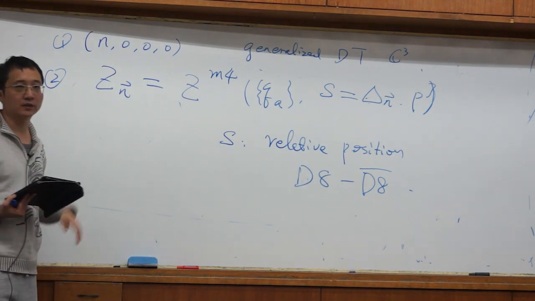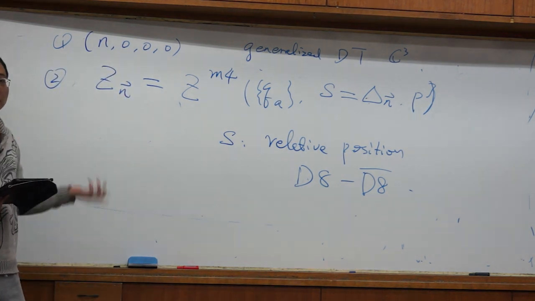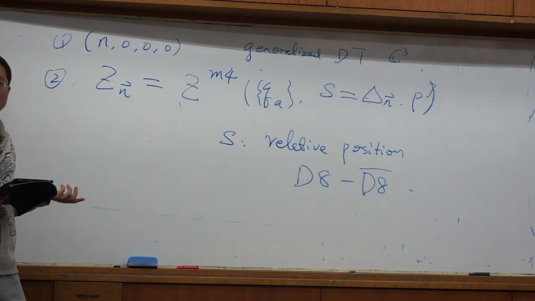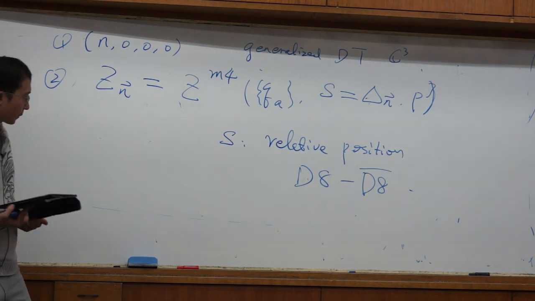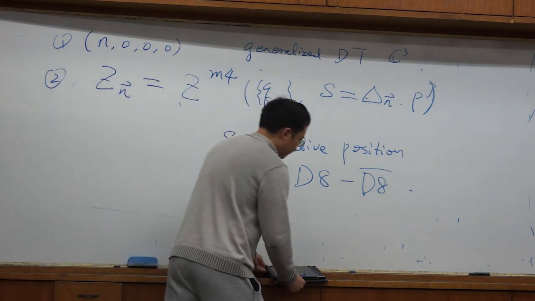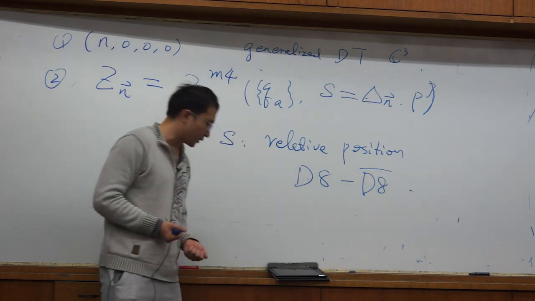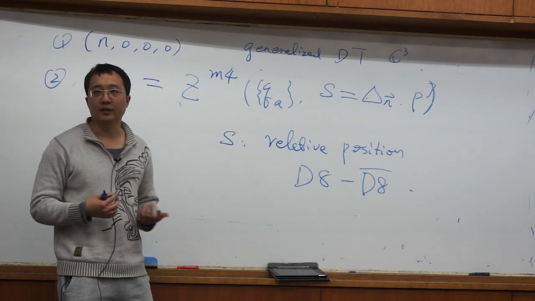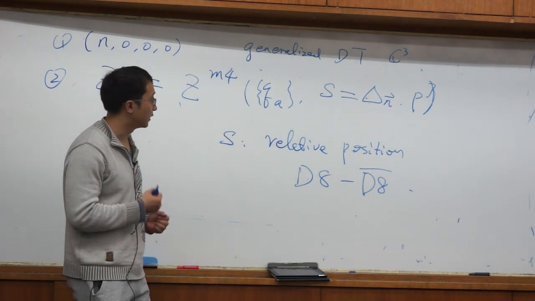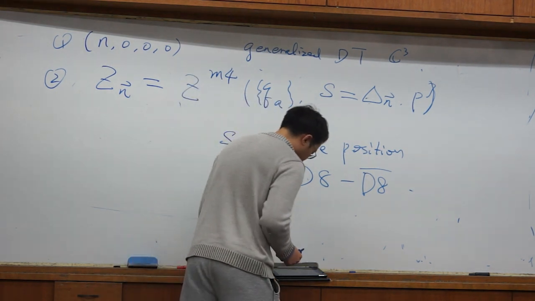We can get our result. So this is a hint that our configuration can be understood as some annihilation between D8 and anti-D8 configuration in the magnificent 4 model.